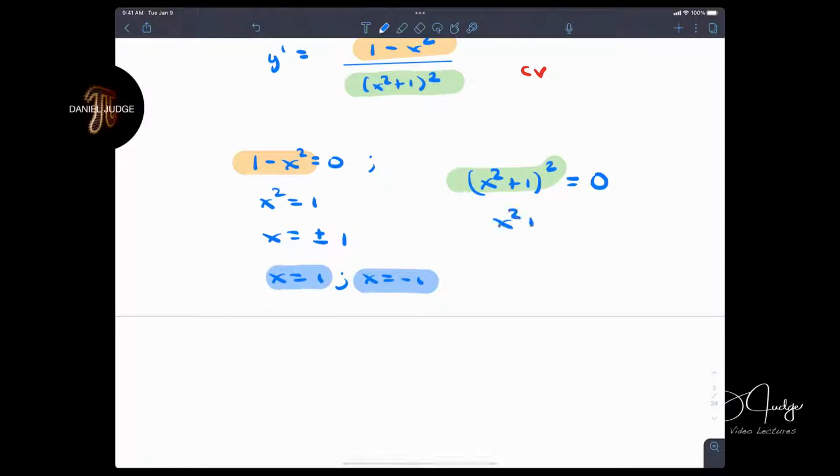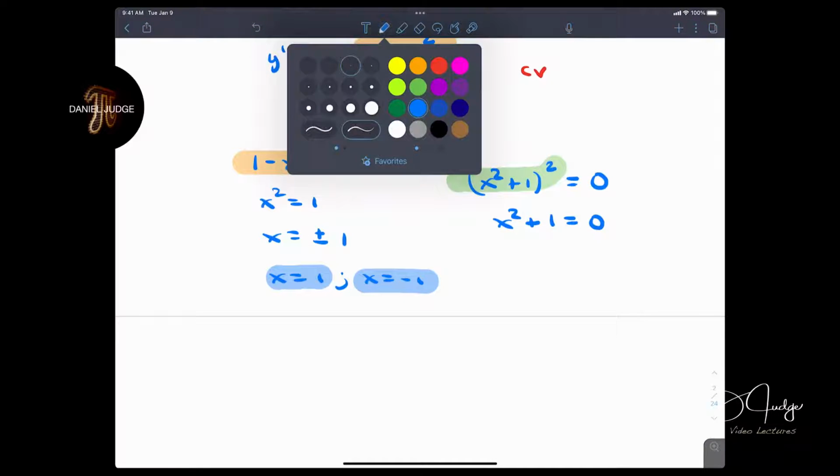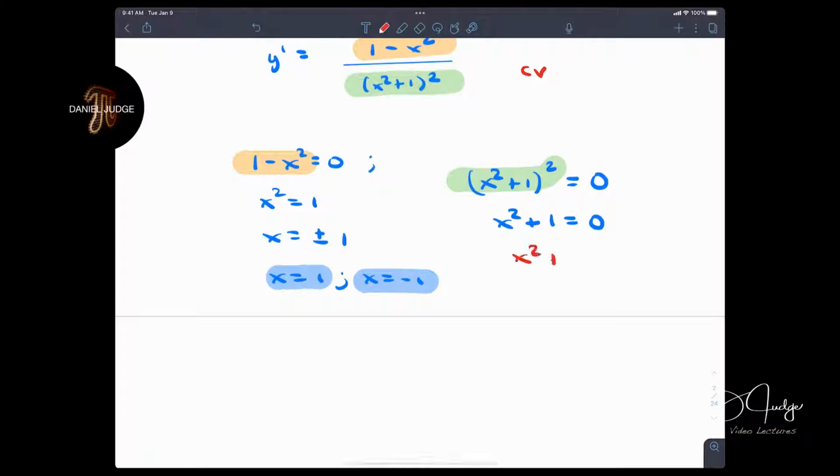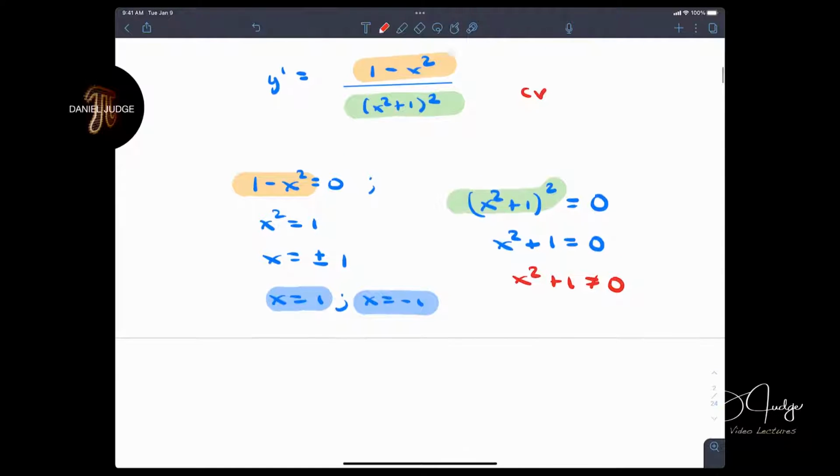Now, this means x squared plus 1 must be 0, and we just got through seeing earlier that this never happens. You'll get complex solutions if we try to solve that. So the denominator doesn't contribute here in any way to the critical values. So the only critical values we have are positive 1 and negative 1.